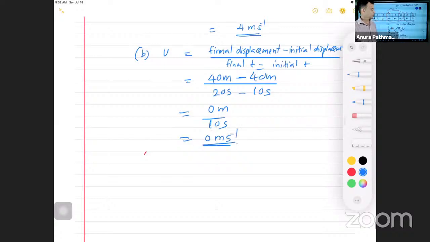That means the object is at rest. The object does not have velocity, which means it is not traveling.